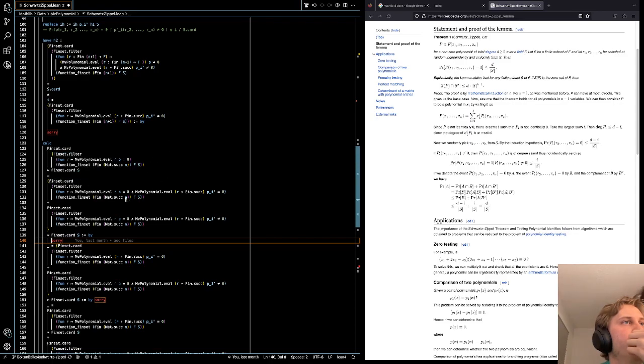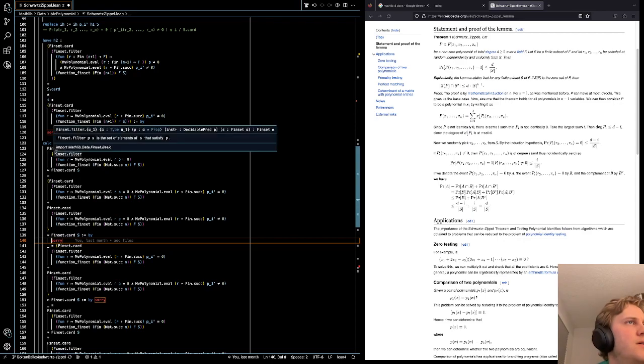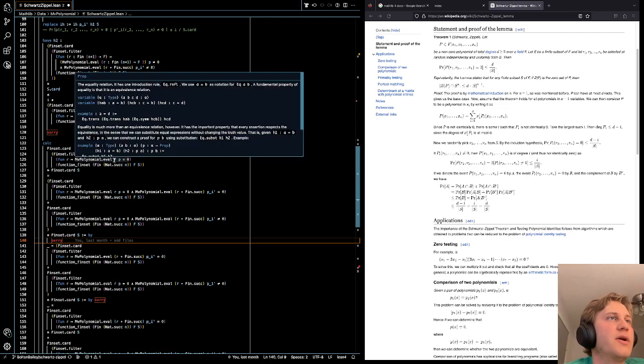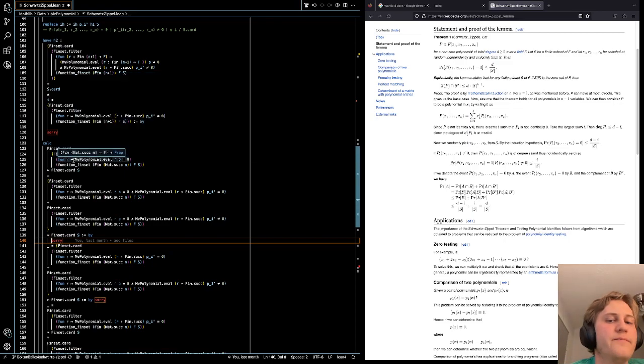And this is equal to the number, a small number, d over the size of S. Interesting. So I filter polynomial evaluations, those evaluations of the variables that yield 0 for the polynomial, I filter only those.